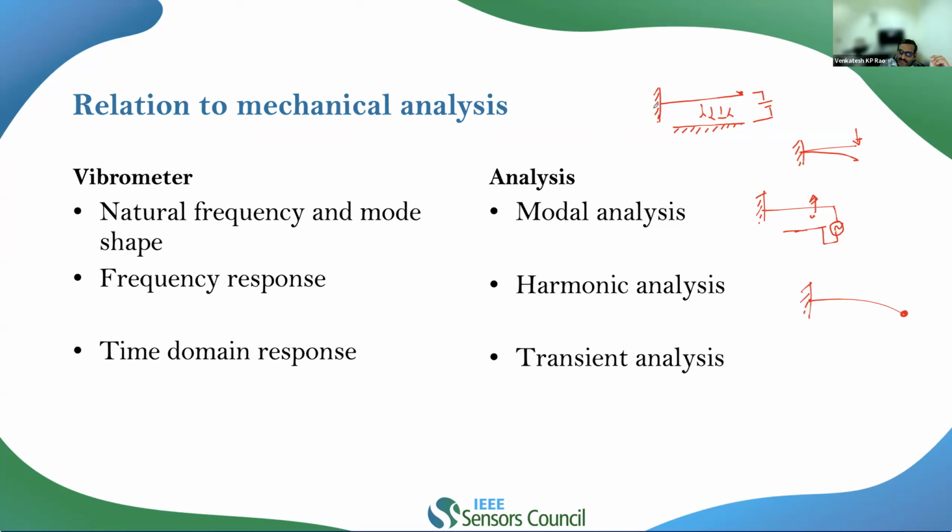So what we do is discretize this entire structure into several data points. Just like whenever you do the analysis in any FEA software, the first and fundamental thing you do is the meshing of the structure, right? Similarly, here also I'll discretize the entire structure into several data points.